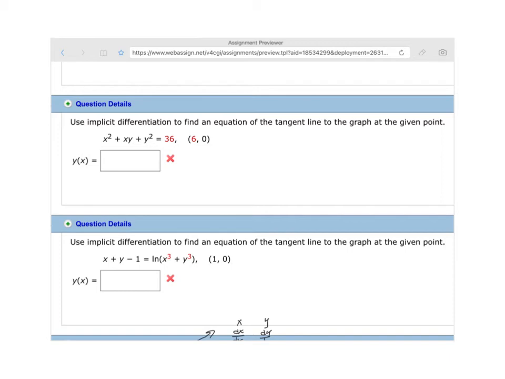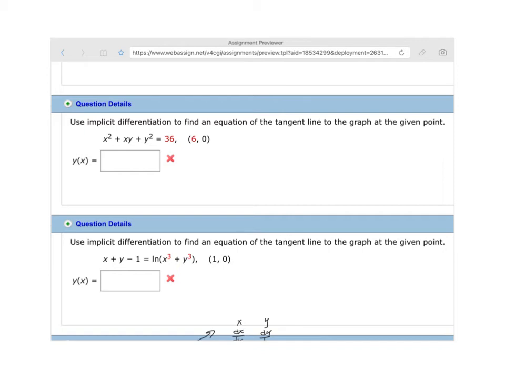So we have a u, which is x cubed plus y cubed, and an f of u, which is ln u. u prime is 3x squared plus 3y squared dy over dx, and f prime of u is 1 over u.